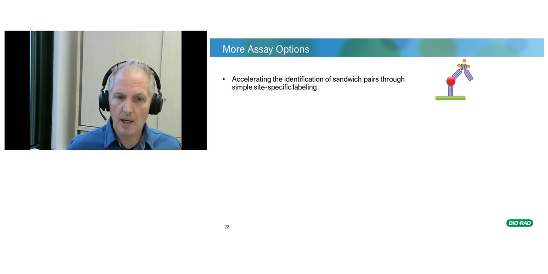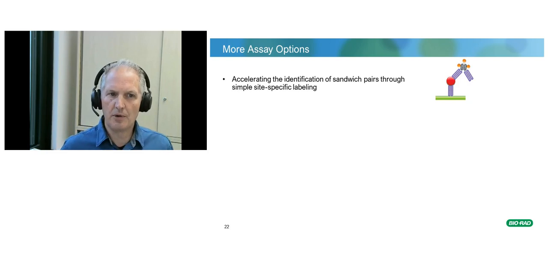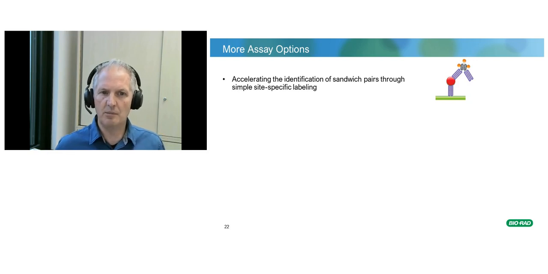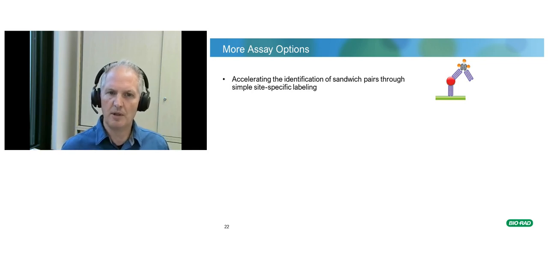Of course, there are many more assay options. A few of them I want to show you. A typical task for antibodies is to generate sandwich assays. And if you generate antibodies, then you usually have all your antibodies in the same format. So you cannot use a secondary antibody for detection because it would also bind to the capture antibody.